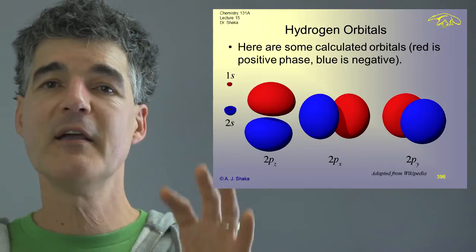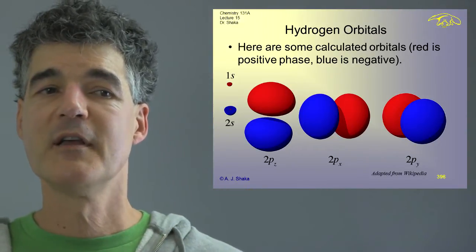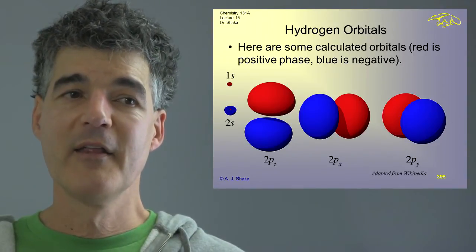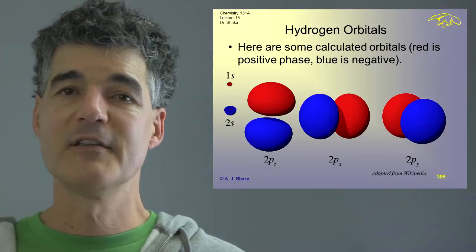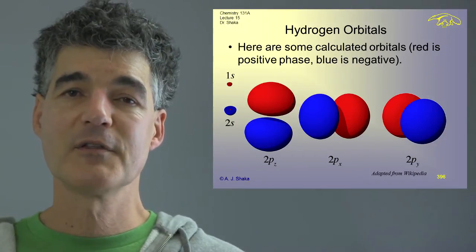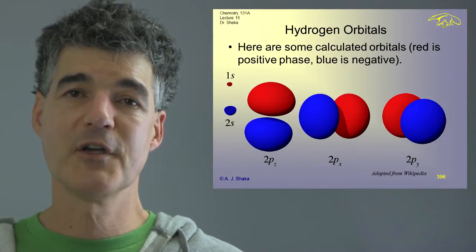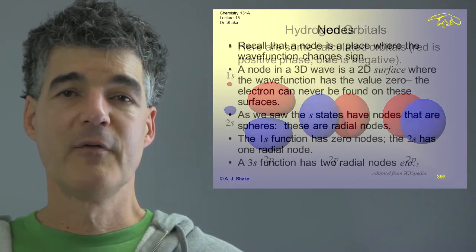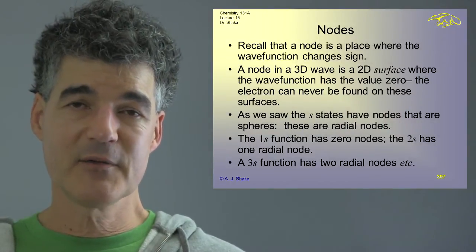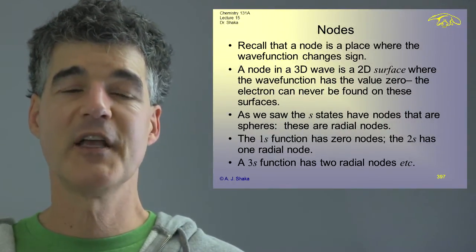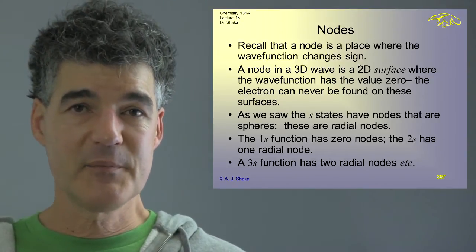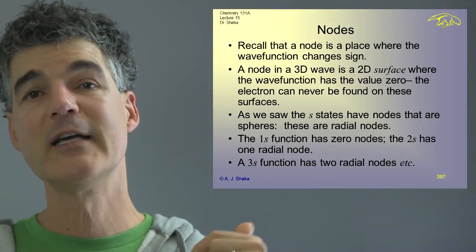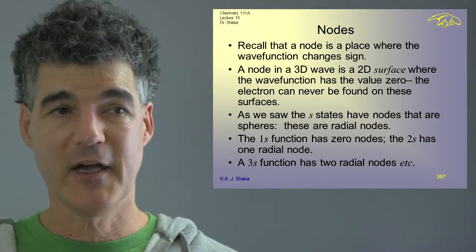And then we get these big, fluffy orbitals, the 2pz, 2px, and 2py, that look really quite big and distended. And that has to do, of course, with the particular contours that were chosen to plot these values. Recall that a node is a place where the wave function changes sign. Strictly speaking, it shouldn't just go to 0, but it should be plus on one side and minus on the other side.